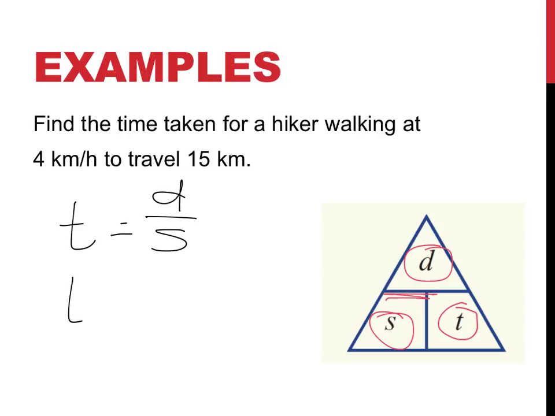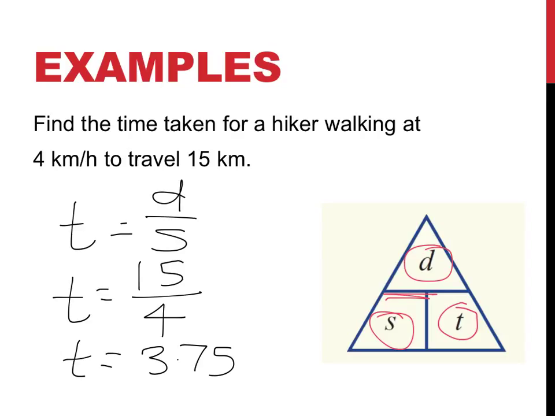So the time it took him: the distance is 15 kilometres. He's going 4 kilometres an hour. How long is it going to take? Well, he needs to travel 15 kilometres, and he's doing 4 in an hour, and it comes out on my calculator as 3.75.